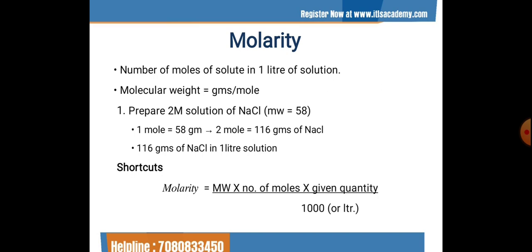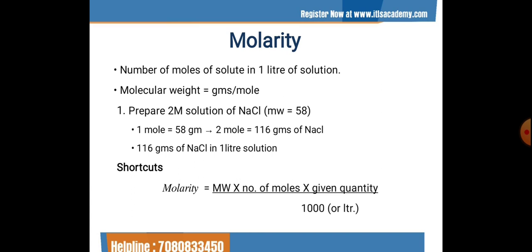Okay, molarity, as we define, is the number of moles of solute in 1 liter of solution. In 1 liter of solution, whatever the number of moles present defines the 1 molar solution of a particular chemical. Molecular weight is generally defined as grams per mole. Suppose we want to prepare a 2 molar solution of NaCl. First, we have to calculate the molecular weight of NaCl.